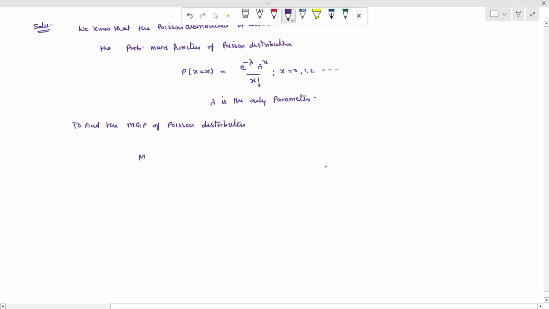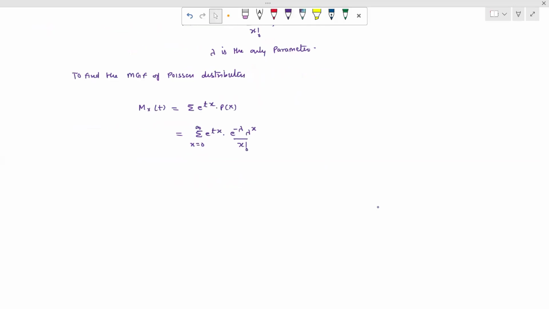About origin, M_X(t) is equal to summation of e raised to the power tx into p(x). This we can write as summation of e raised to the power tx into e raised to the power minus lambda, lambda raised to the power x upon factorial x, where x is equal to 0 to infinity.